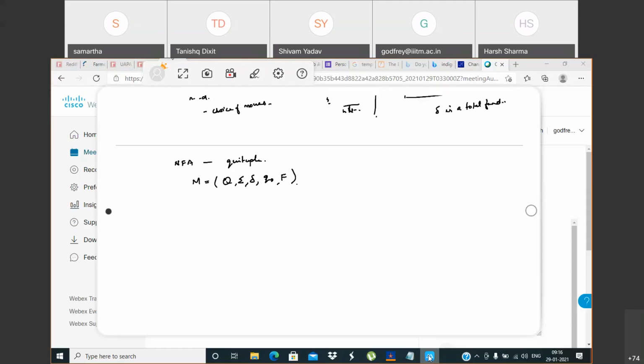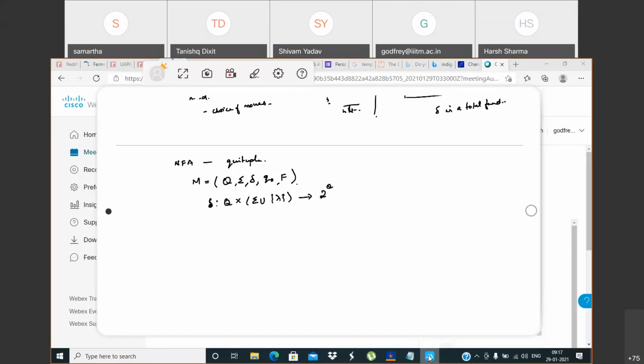Now, with respect to delta, there is a change. Delta is defined as a function that goes from Q cross sigma union lambda to 2 power Q. This is how you define a non-deterministic automaton.